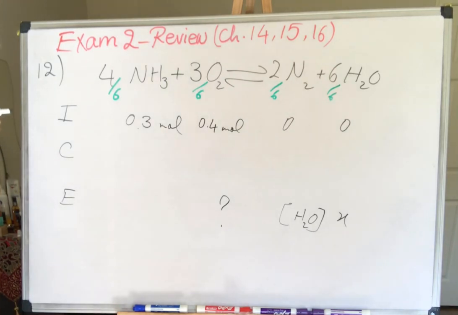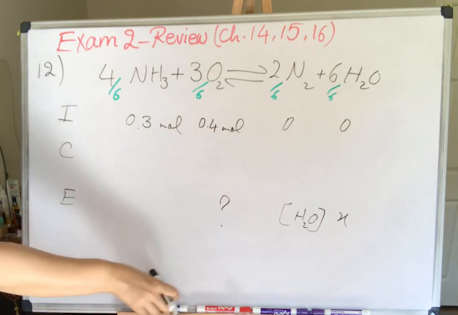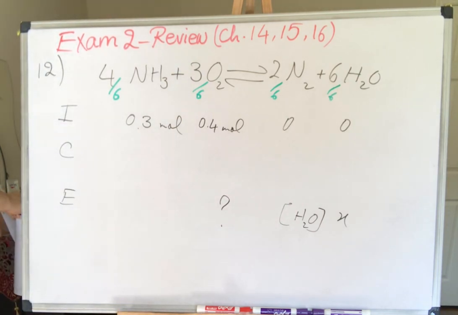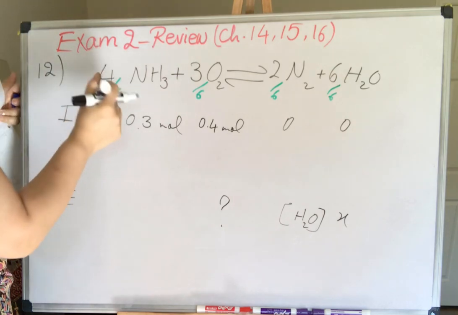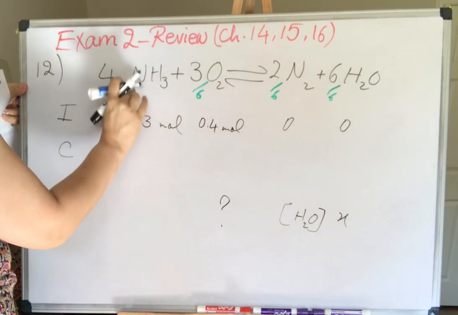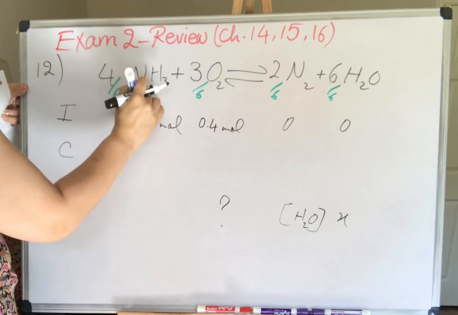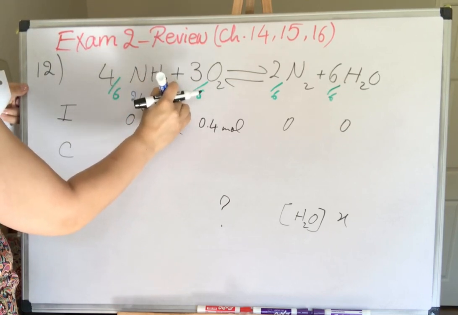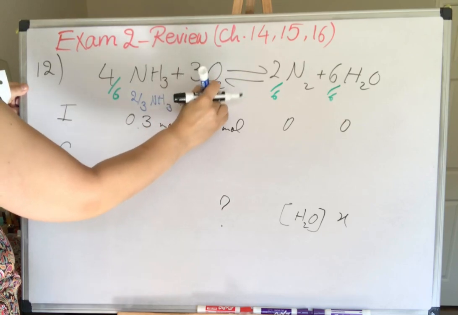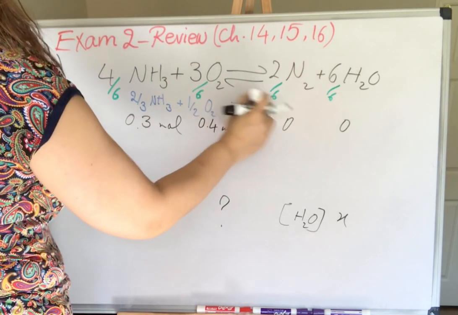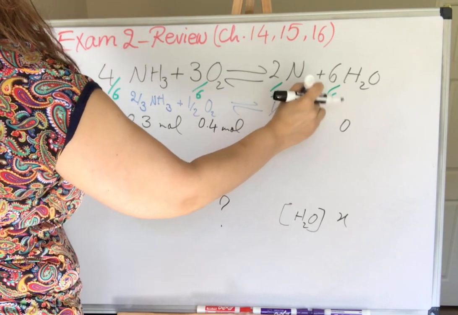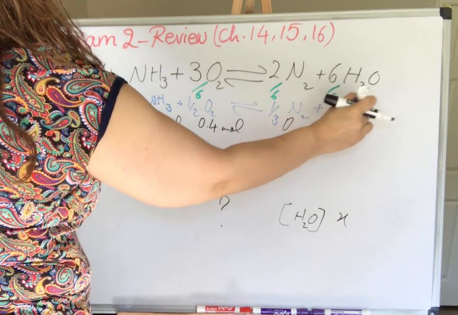Now, write the new coefficients in a new equation. 4/6 is 2/3. We're simplifying only. Plus 1/2 oxygens. Here you have 1/3 and you have H2O.